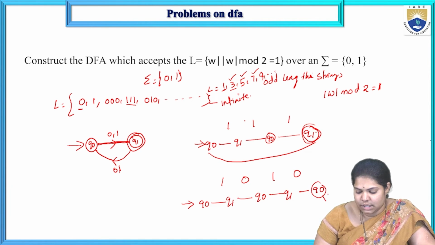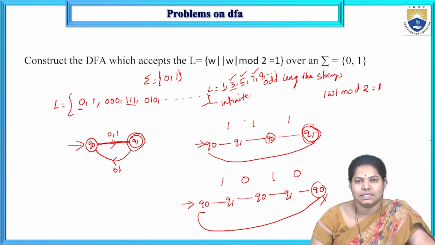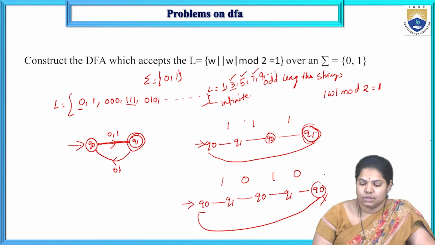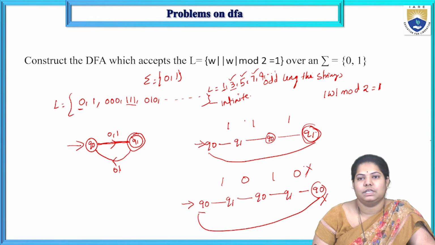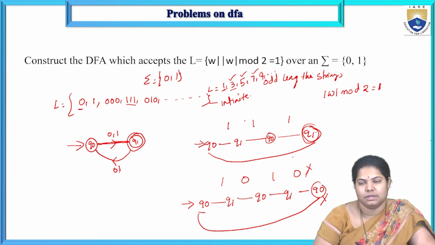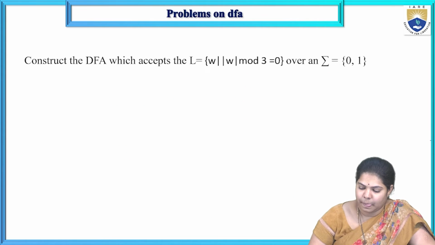Q0 is not a final state, so even though I read all the string, it does not end up in the final state. Therefore, strings of even length will not get accepted by this finite automata. Okay, coming to the next question.